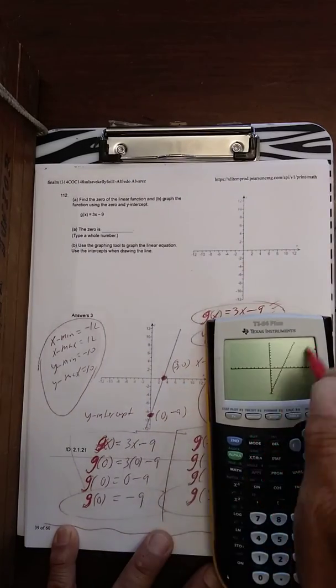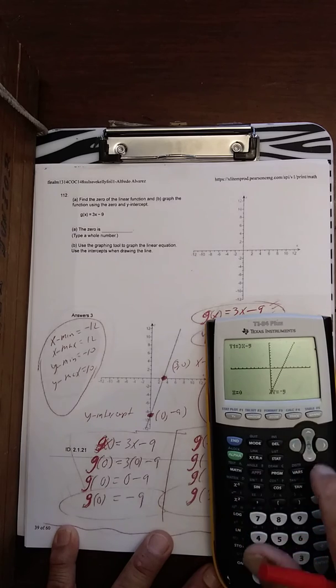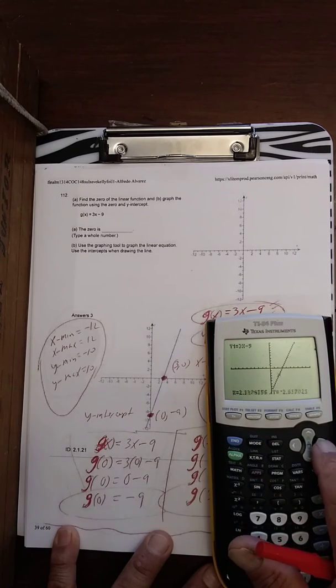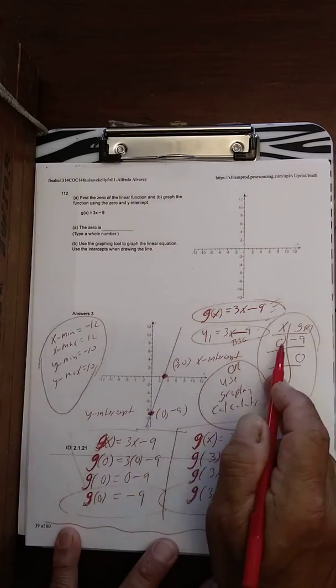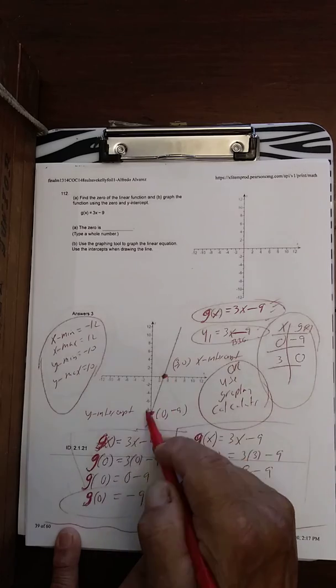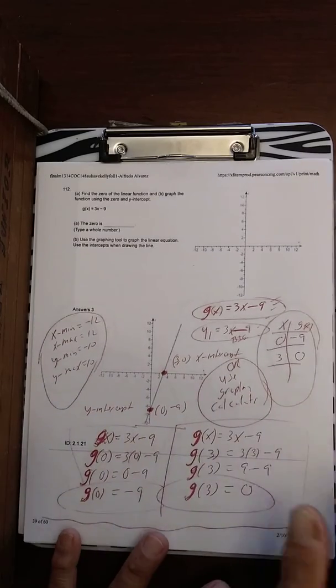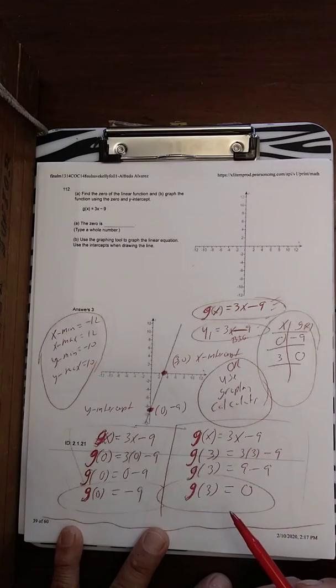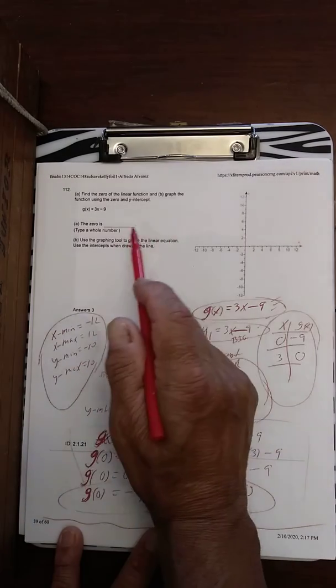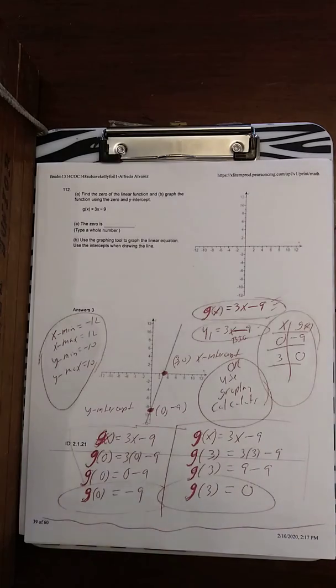Again, you can just trace to find the points, and if you want more points, keep going this way. So 0, negative 9, and 3, 0 are the points. Connect the dots. There they go. And what else does it ask you? Find the zeros. Yes, that's it. We're done.